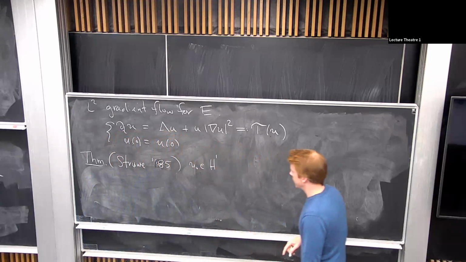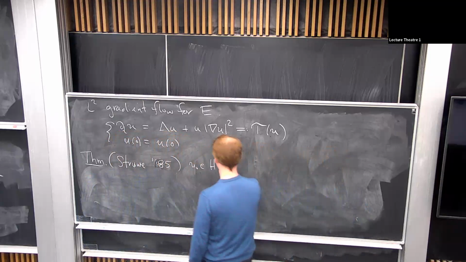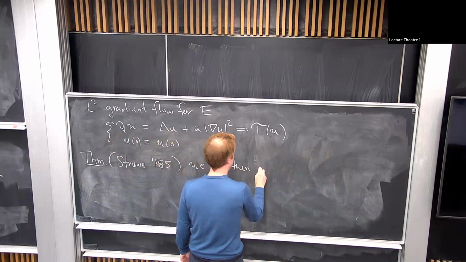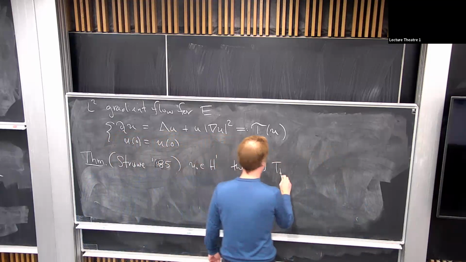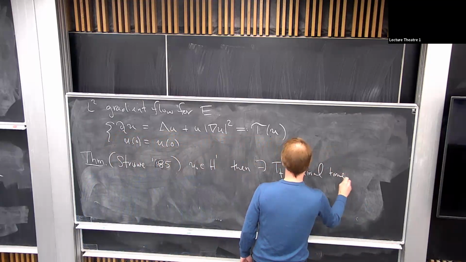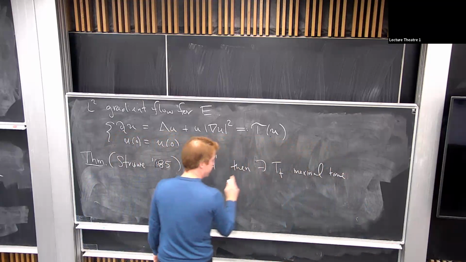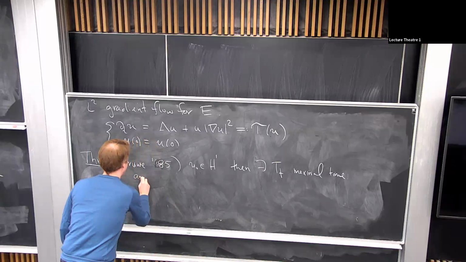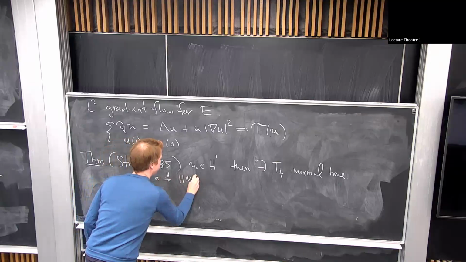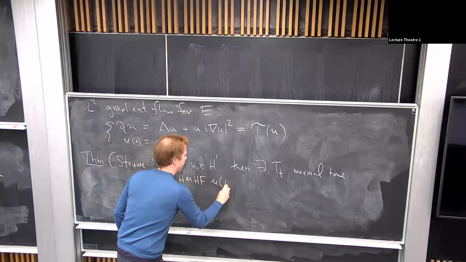For initial data in H1, there exists a maximal time of existence for the associated data, possibly finite, possibly infinite, and a unique solution, the unique harmonic map heat flow u(t).